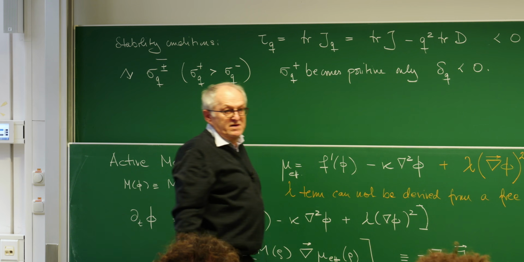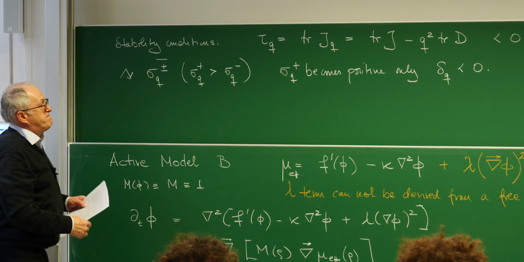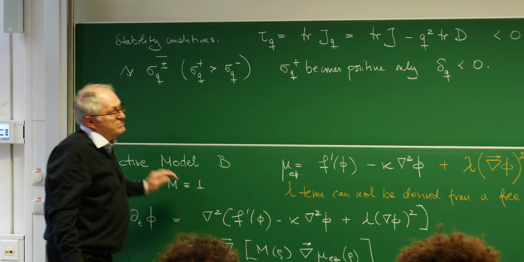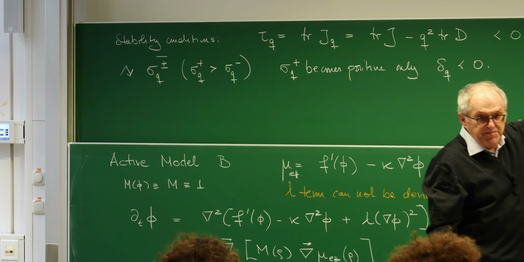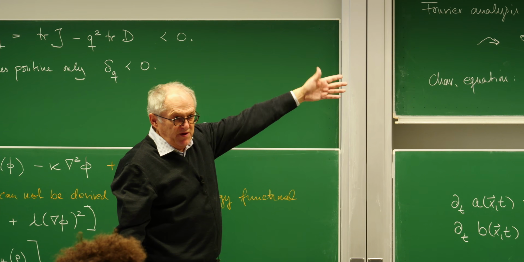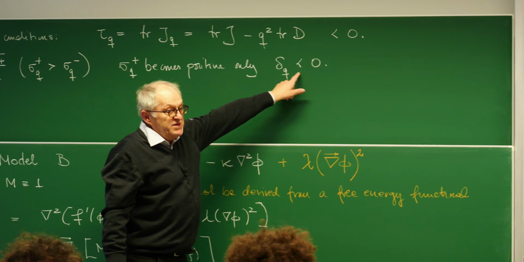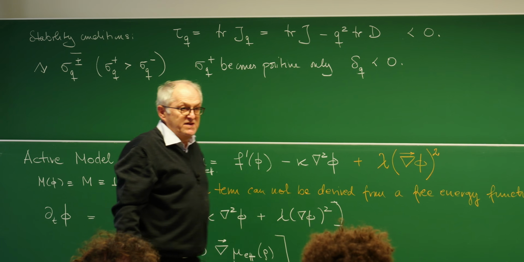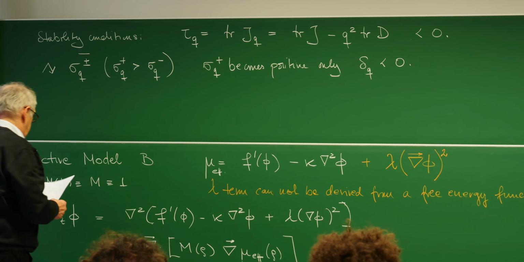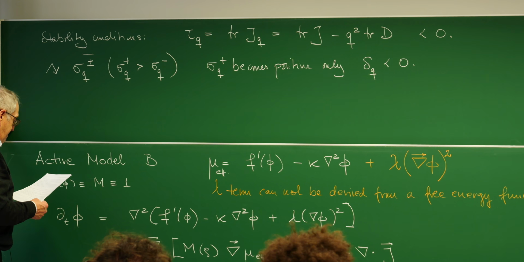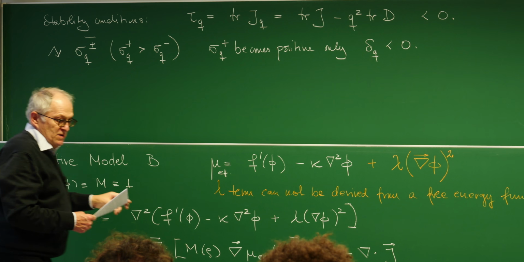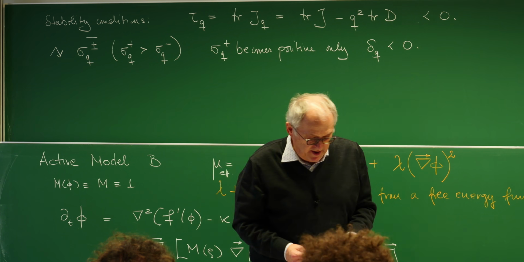Right? So here we had positive, that means stability for fluctuations that change the amplitude. Here we needed negative to have an instability against spatial perturbations. So now let me show you, or I draw it.